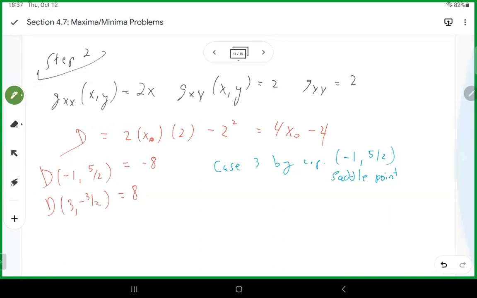You guys will probably see it a little bit better with the visual too. And then applying the theorem to the next point, that leads to case 1. Which means that it would be the local minimum.